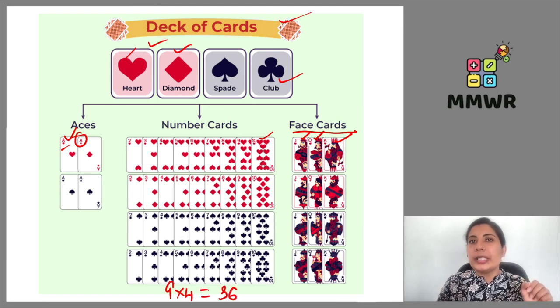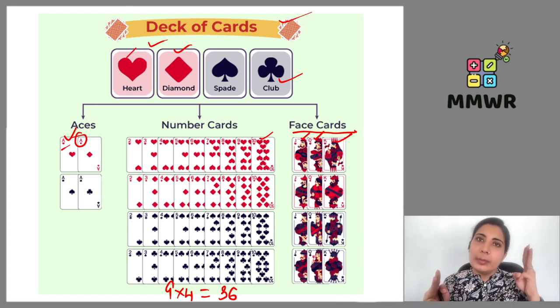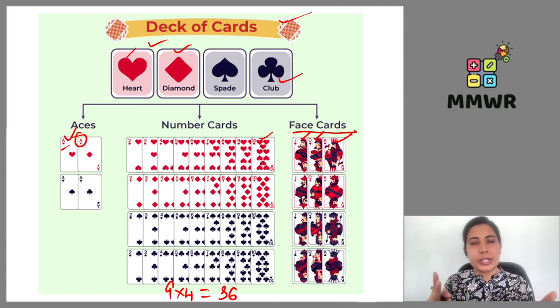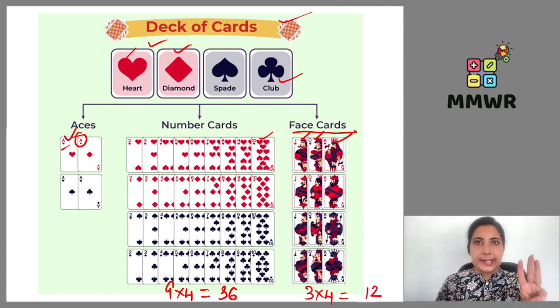Number cards are how many? 36. And how many face cards are there? J, Queen, King. These are of heart shape. Same way we will be having diamond shape, then club cards and spade cards. So 3 fours are 12. Right? 3 face cards are there: J, Queen, King.